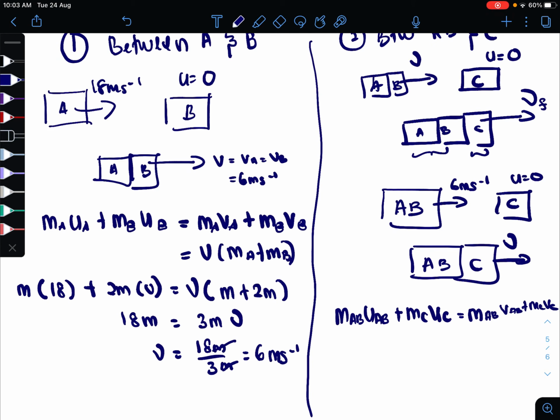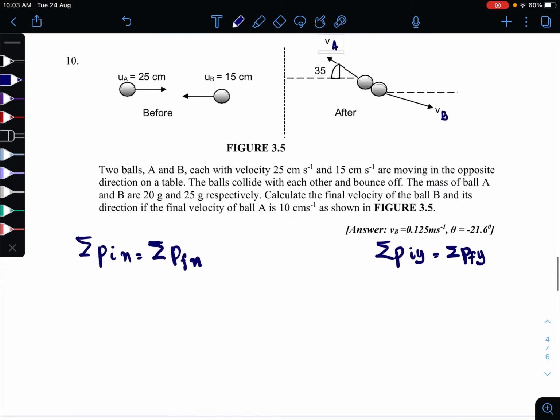They stick together, so they have the same velocity, the final velocity, VAB is equal to VC, because they have become one system. So I can factorize the final velocity V, MAB plus MC.